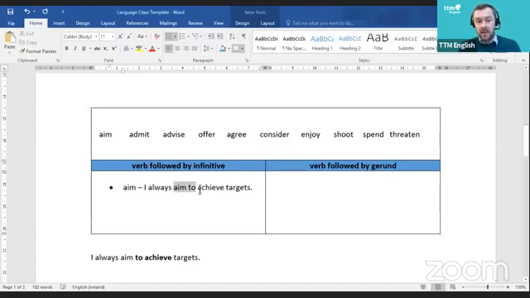So this here is a verb pattern. The thing that's going to help you there is thinking about this verb, that verb followed by a gerund or an infinitive. In other examples, not with this verb, for instance the verb to try can change the meaning of what comes after.